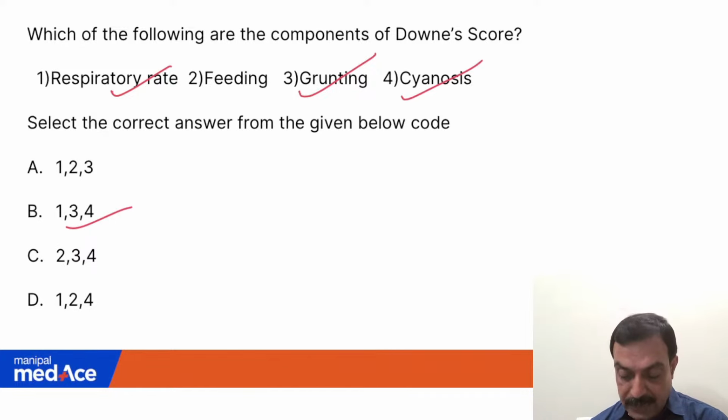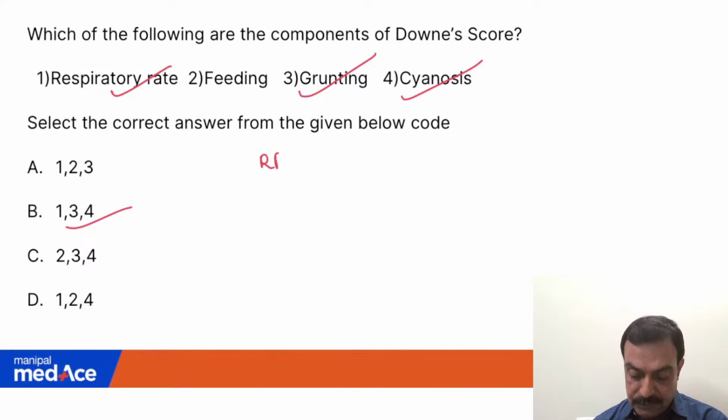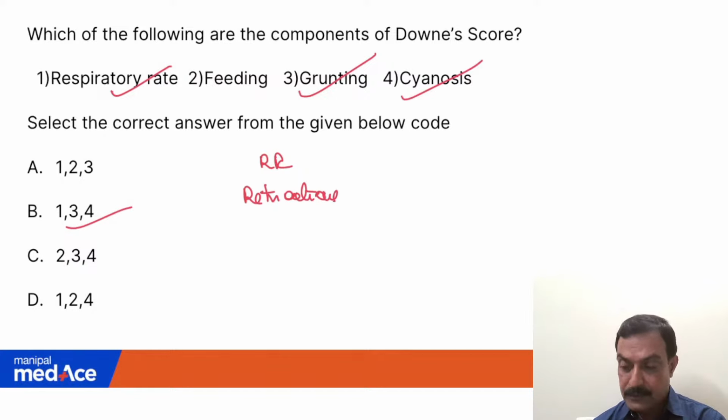Now this is called the Downes scoring. Downes scoring has 5 components: respiratory rate, chest retractions, cyanosis, air entry, and grunting.